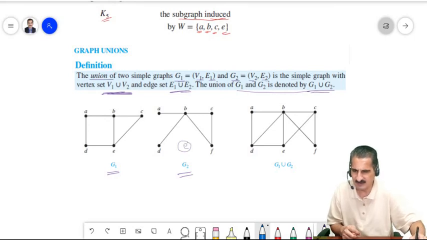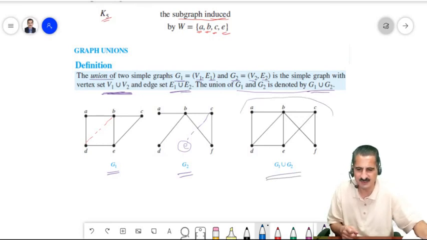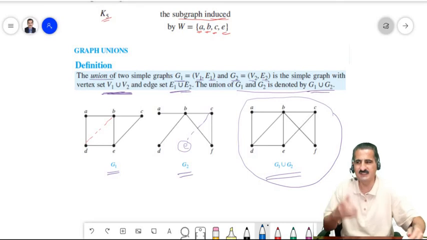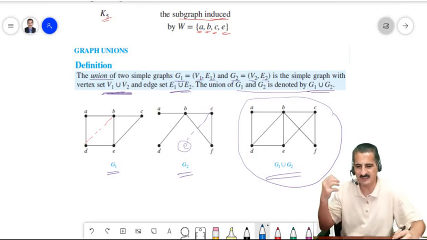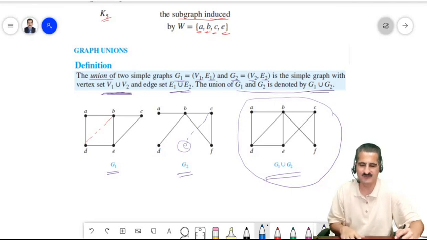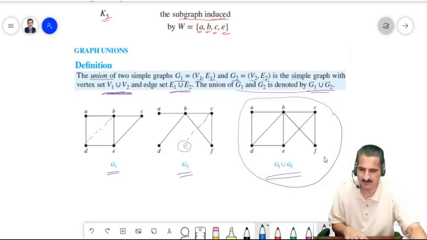And there is an edge coming from this graph which is not here, and an edge from E to C. Take the union and then we get that. So every edge here is an edge in one of the two graphs, and every vertex here is a vertex of one of the two graphs. It is a union. And this is it for today. Thank you.